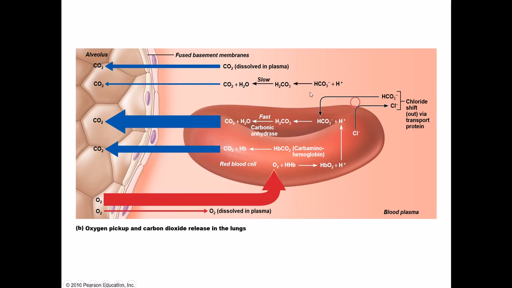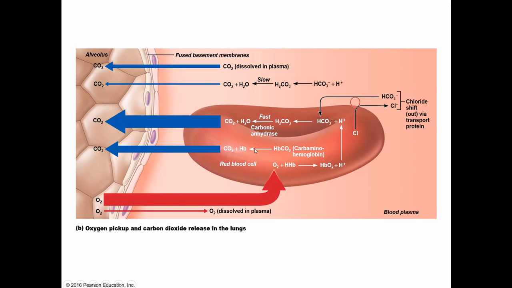Some of the bicarbonate will become carbonic acid, but without the enzyme, it slowly reverts to carbon dioxide and water, but then the carbon dioxide will diffuse out of the plasma and into the alveolus.